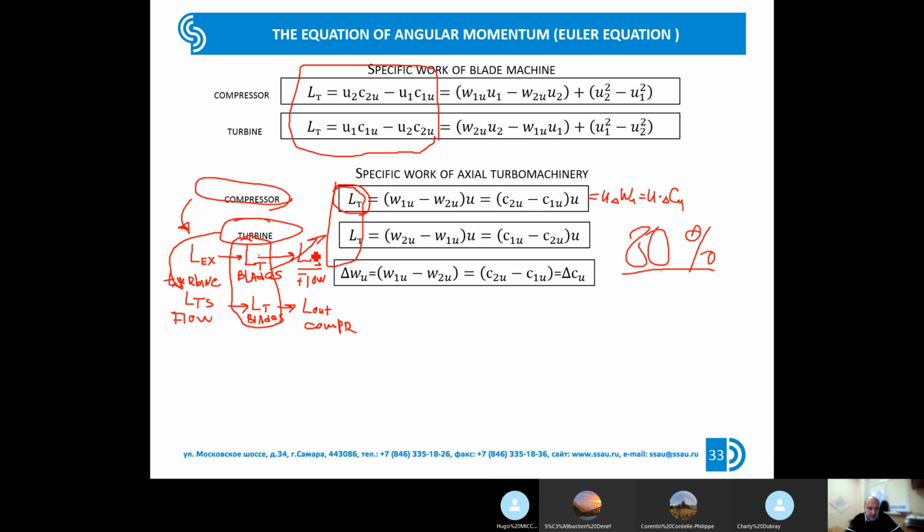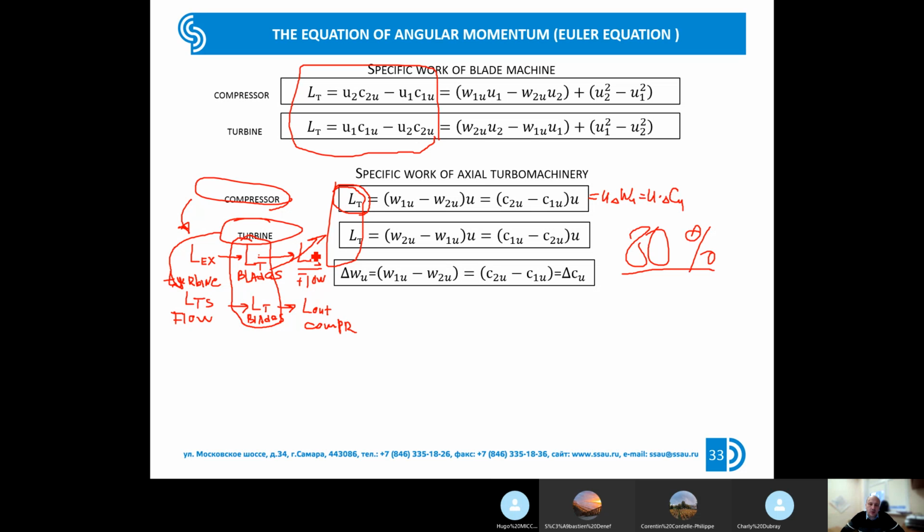No, we have no density, no pressure, no temperature, no fluid properties. It means that the specific work which you extract using the blades, or supply using the blades, does not depend on the density, pressure, fluid properties, mass flow rate, and other parameters.